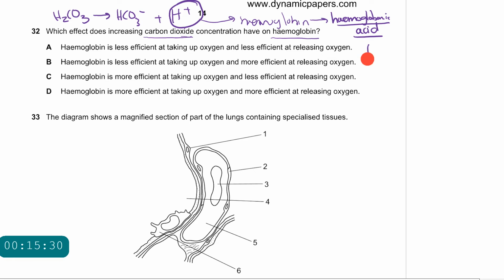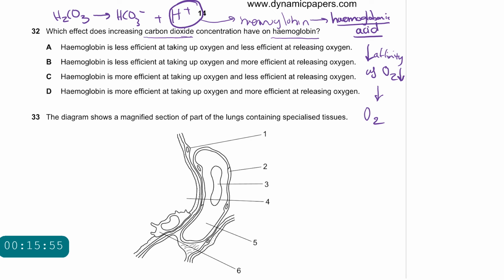Hemoglobinic acid has a much lower affinity for oxygen. Therefore, hemoglobinic acid releases oxygen way easier and combines with oxygen harder. Now let's read the choices.